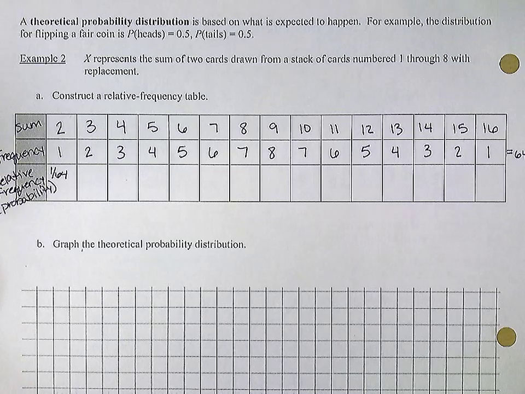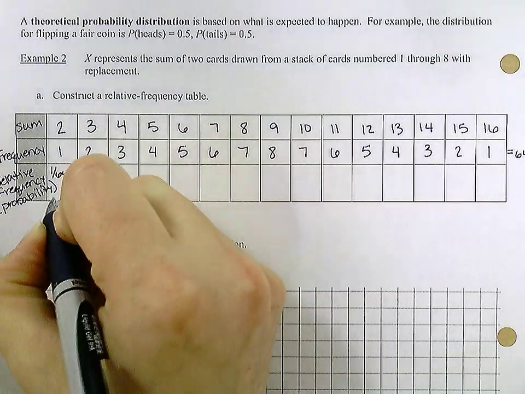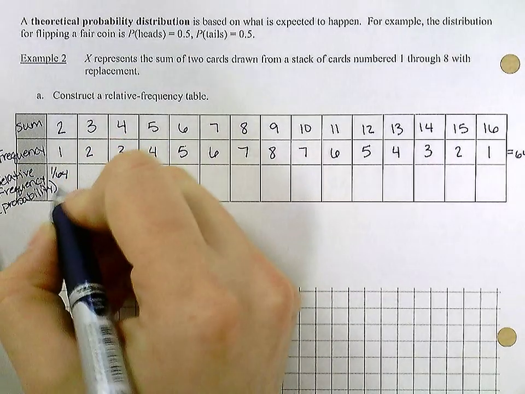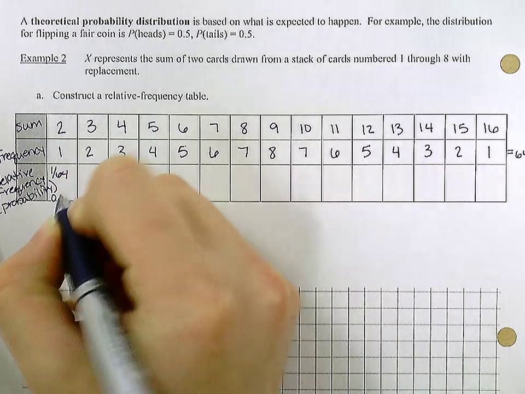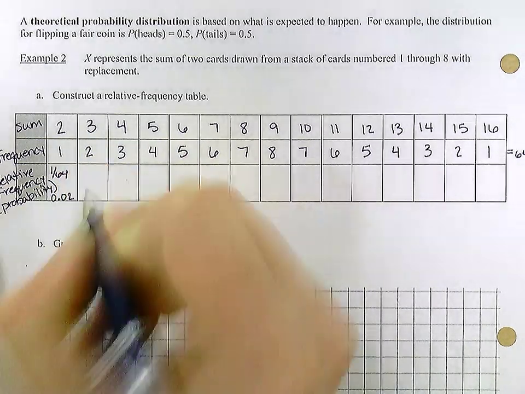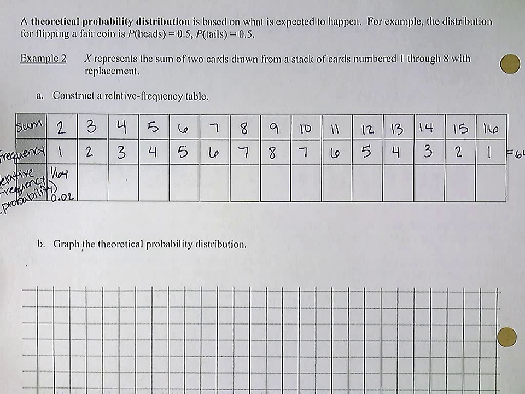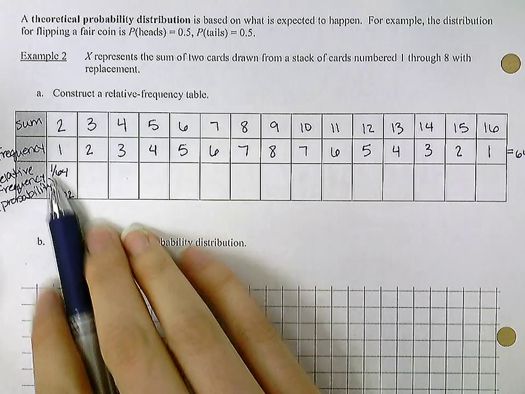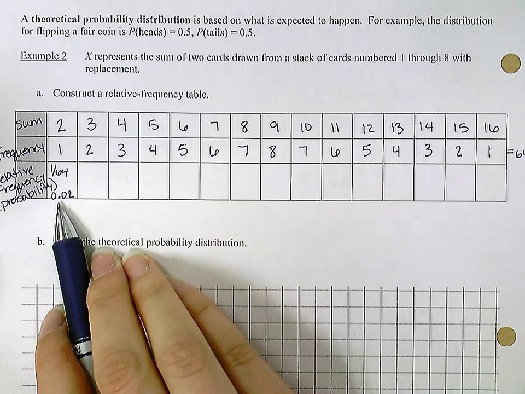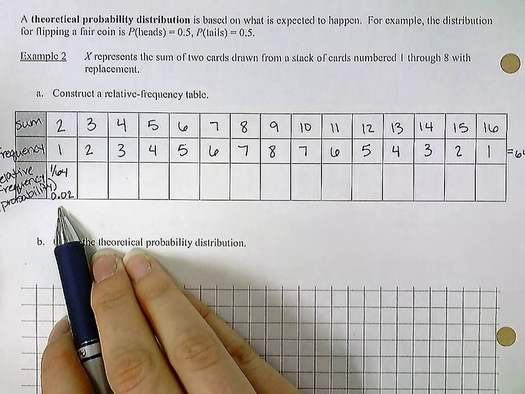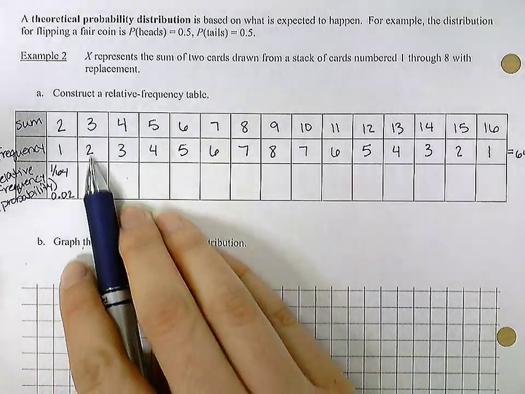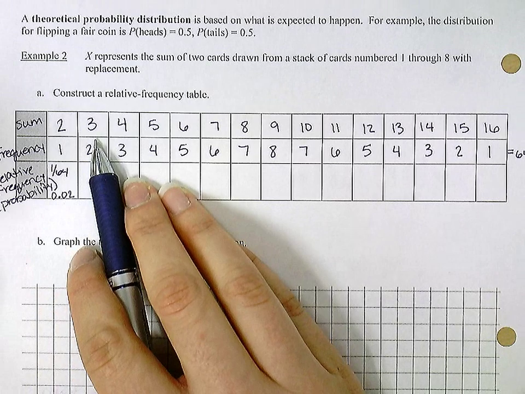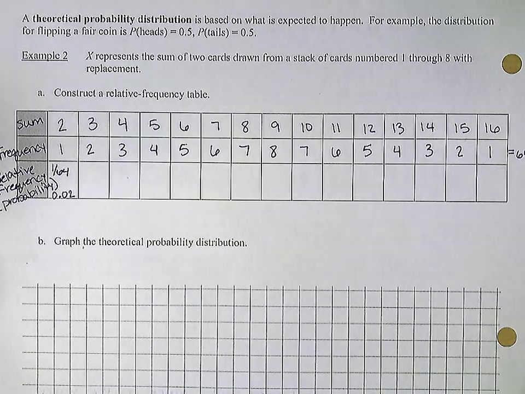Do we have to write this in decimal? No, but to graph it, it'll be a little bit easier if you write it in decimal. So all I did here was take 1 divided by 64 to get 0.02. Okay, we'll do the same thing with a sum of 3. There are 2 possible combinations for that.